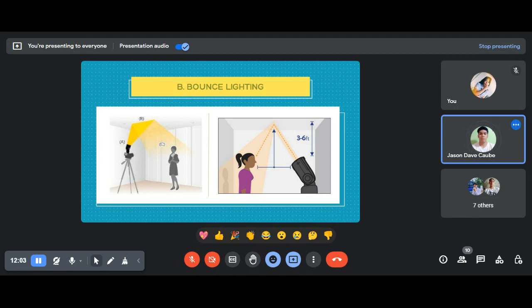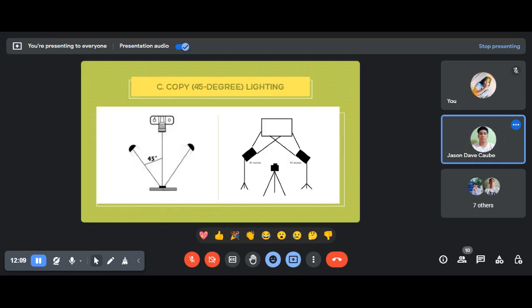Next is 45-degree lighting, one of the most common photo light placements, meaning that light is placed at a 45-degree angle from the subject.